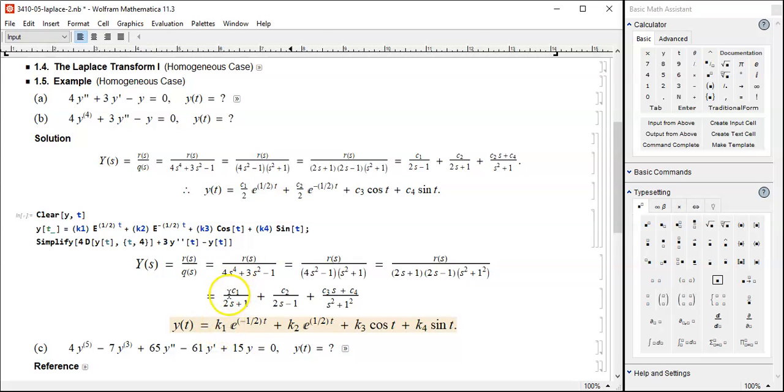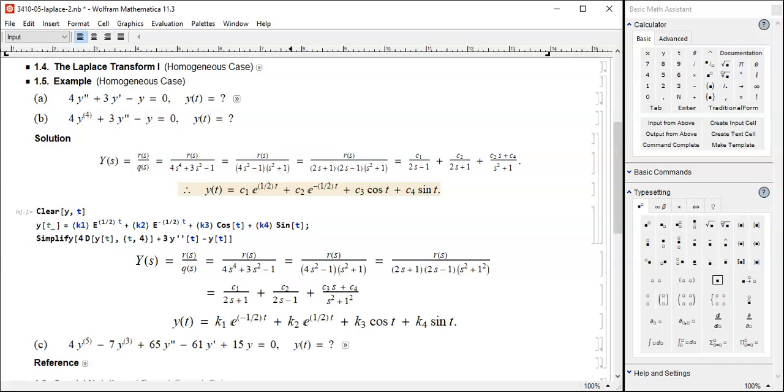I don't have to track down what these constants are, and I don't have to track down what R of s is. All I care about is the actual solution, and then here I have these coefficients, and that's about it. When I have to determine these coefficients, let's just determine them. What relation I have between this and that is not really necessary. For that reason, many people just use the same constant, even though these constants here and there do not correspond, they are not the same, but that's okay. It's arbitrary anyway.